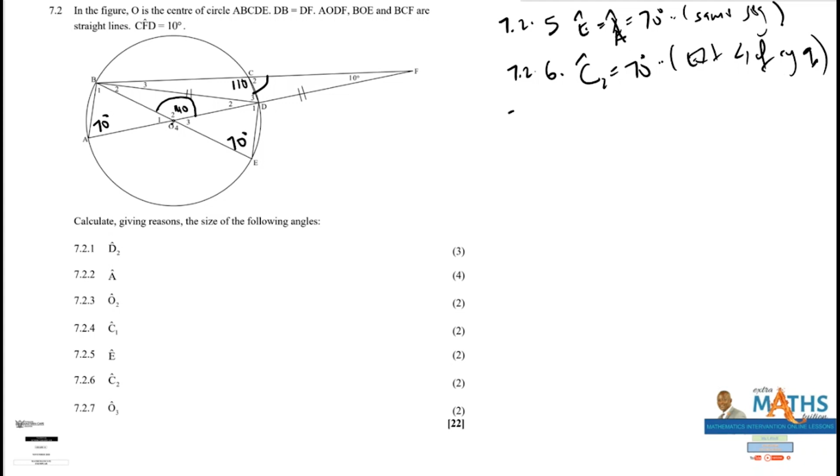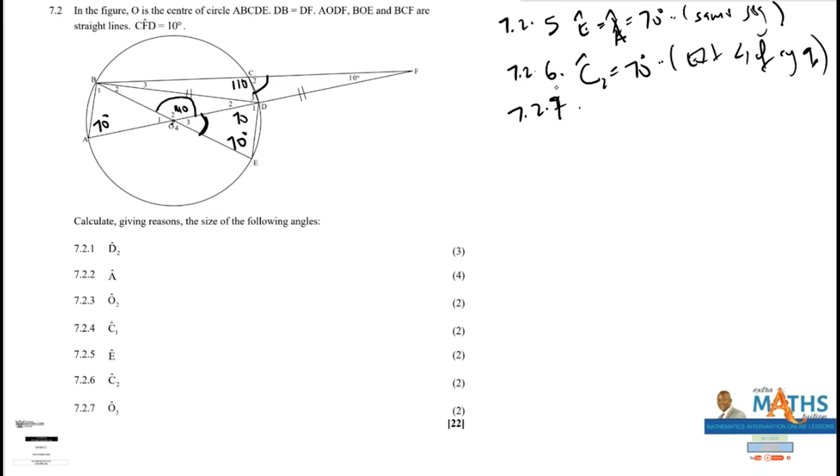Right. Then, last but not least, let us look for 7.2.7, which is angle O3. Angle O3 is here. Okay. Again, I can use the method of a straight line, because BOE is a straight line. It means I can use adjacent angles of a straight line. Or, since I have angle D1, which is 70, I can use sum of angles of a triangle.